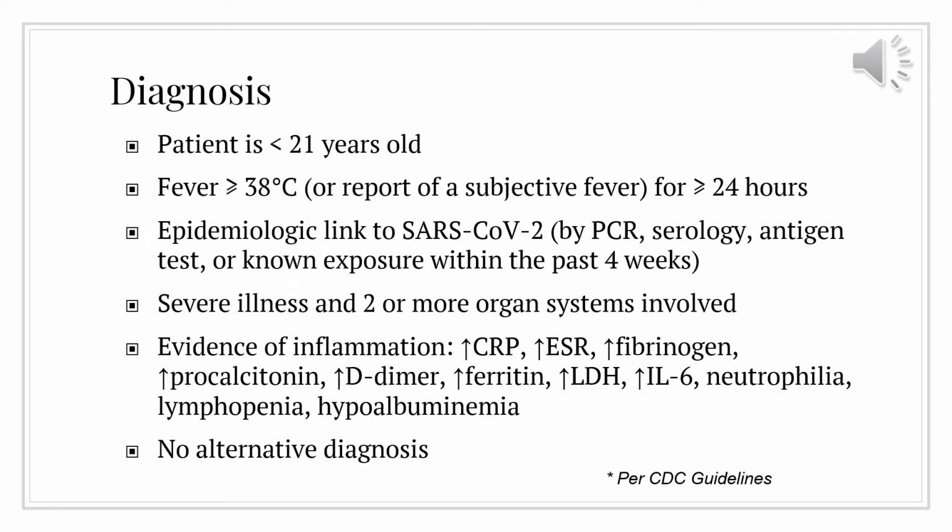They have some history of a COVID-19 infection, whether that be current or previous. They're presenting with severe illness with 2 or more organs involved. They have laboratory evidence of inflammation, and there's no alternative diagnosis that would be able to explain what's going on with the patient.